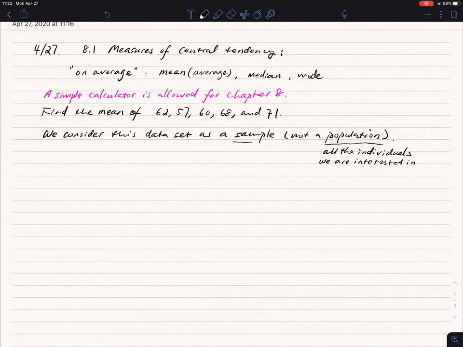And sample is just a subset or a subcollection. Let me rewrite this. So sample is just a subset of a population.